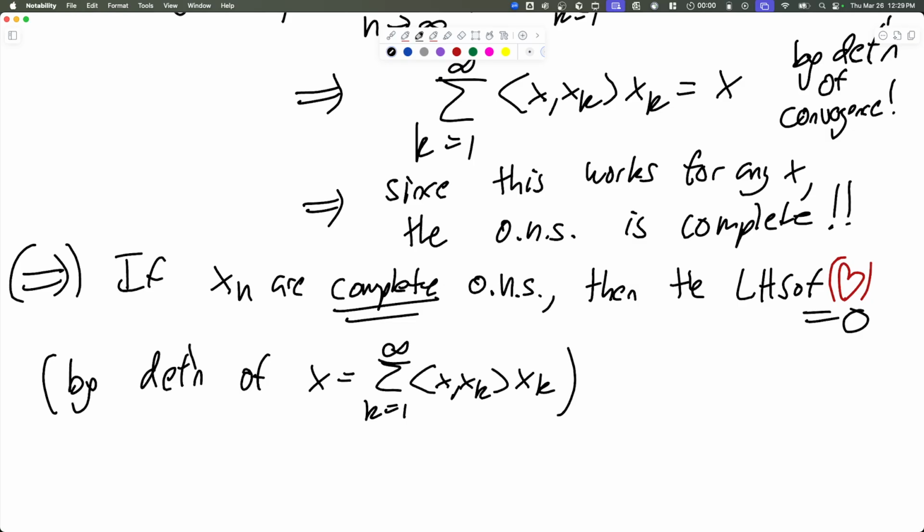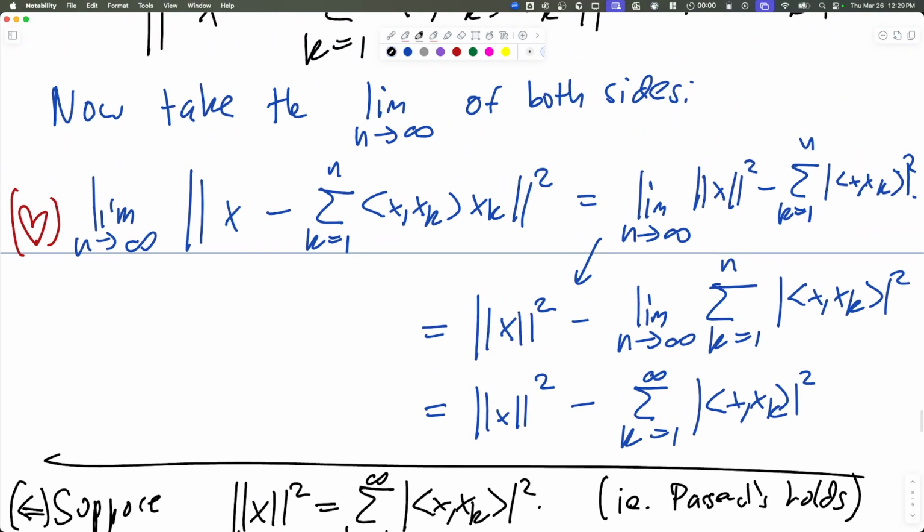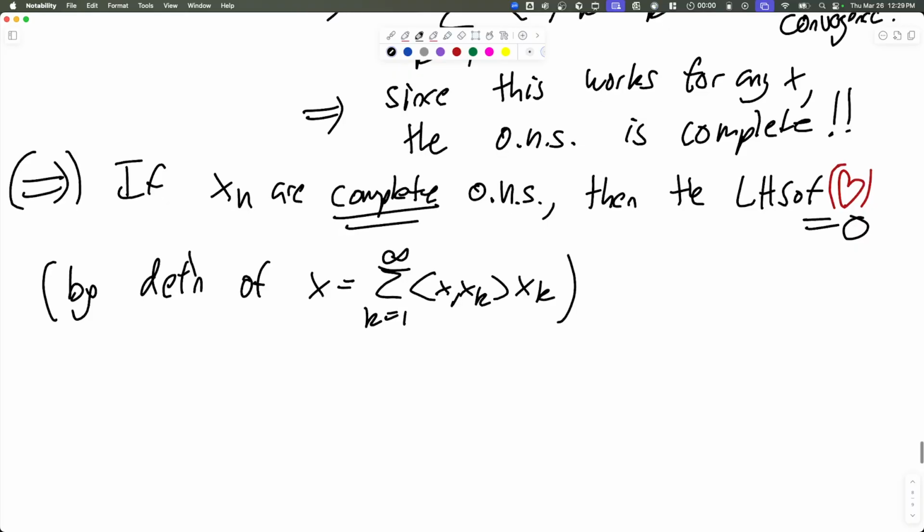An infinite sum means the partial sums are converging to x, and the partial sums converging to x means the limit of the norm of the difference is going to 0. So exactly that thing is going to 0. And so therefore 0 equals the right-hand side of heart, which is this Parseval stuff.